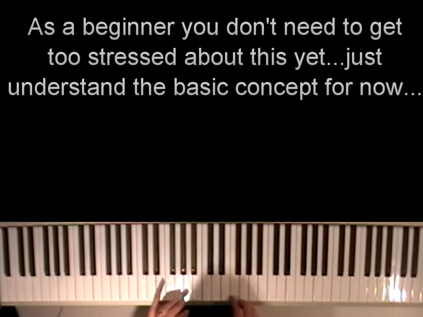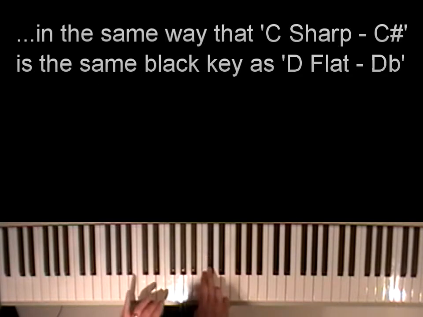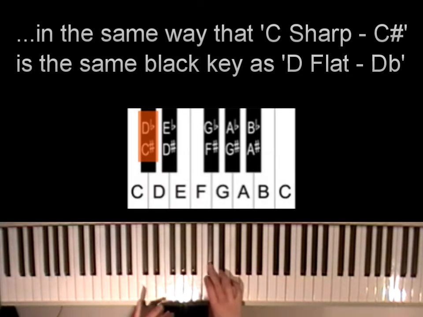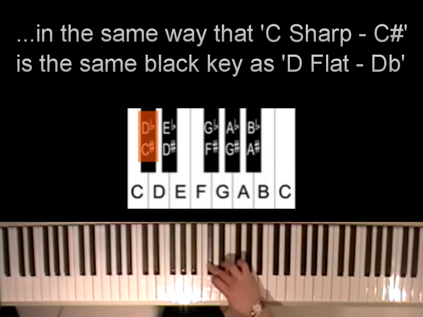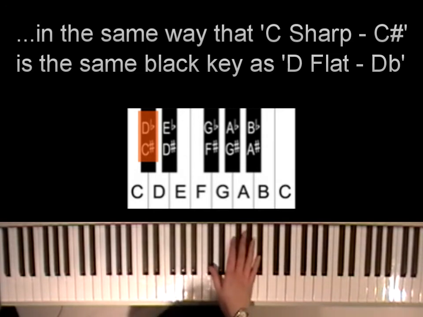So, for example, B flat will be the same as A sharp, but it just depends which key it's written in and which direction the note is going up the piano. Another example for you, C sharp is the same as D flat, just to help you a little bit more with that.